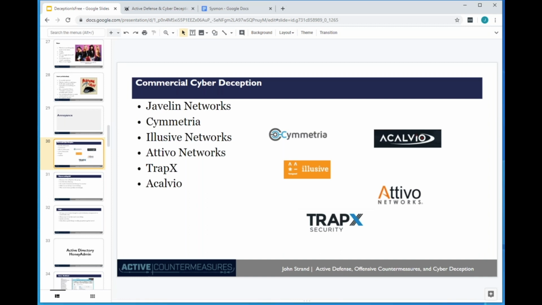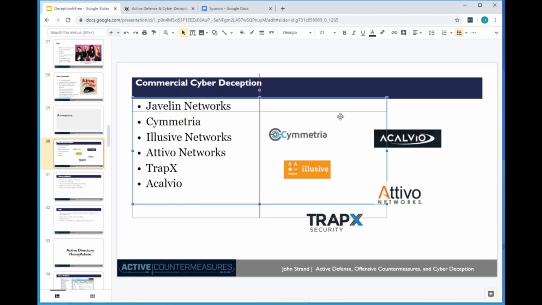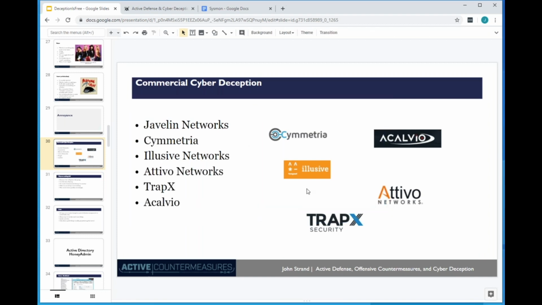And that's still kind of cool, but it's not really the full thrust of everything that we're going to talk about here. There's a number of different things that you can do that do not fall into the category of full honeypots, right? We have a number of different vendors out there. We have like Javelin Networks, we have Symmetria, we have Elusive, we have Attivo, we have TrapX.